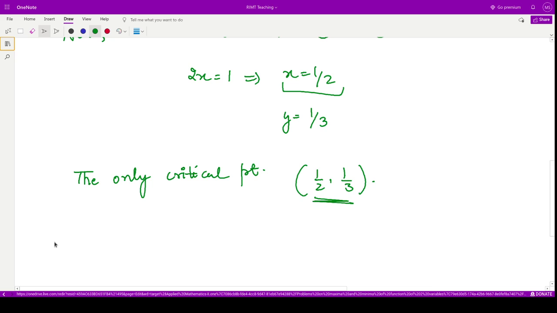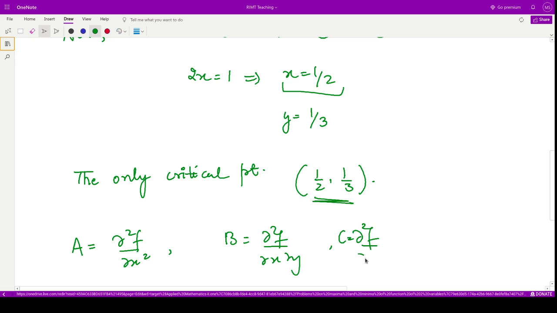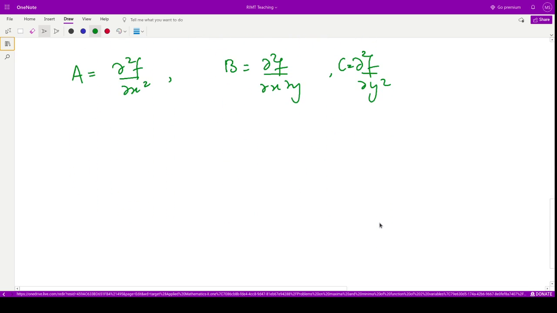So the next step is to calculate the double derivatives. That means we'll calculate a, that is del 2f by del x2, b, that is del 2f by del x del y, and c, that is del 2f by del y2. Let's calculate all of these.